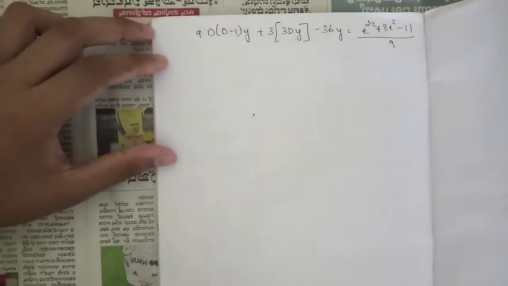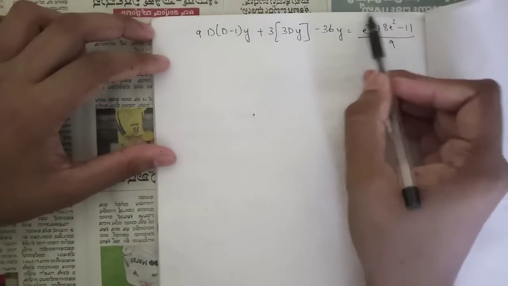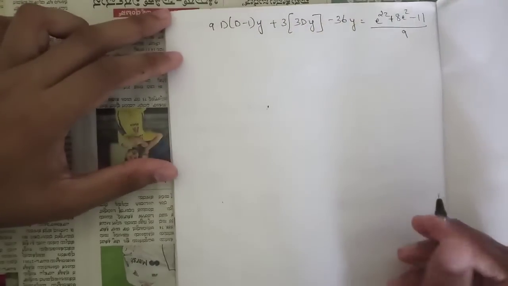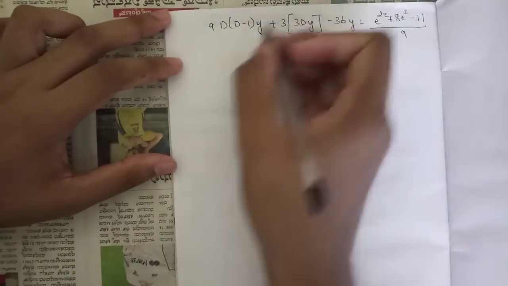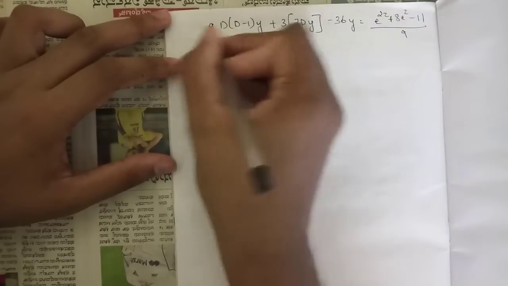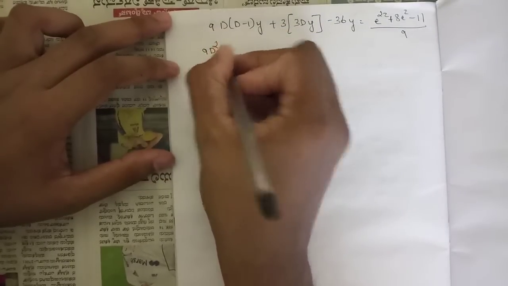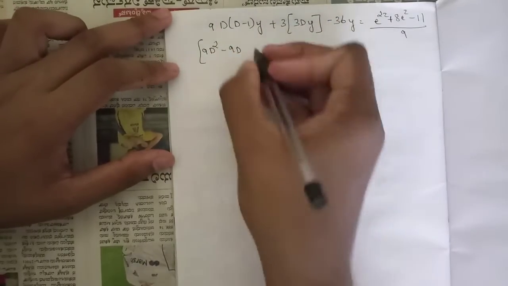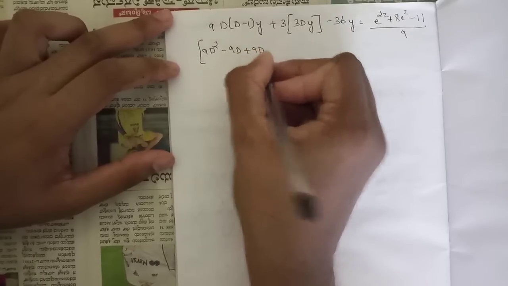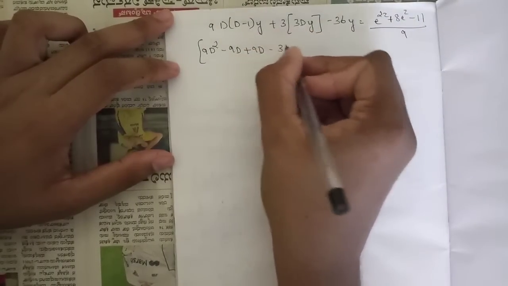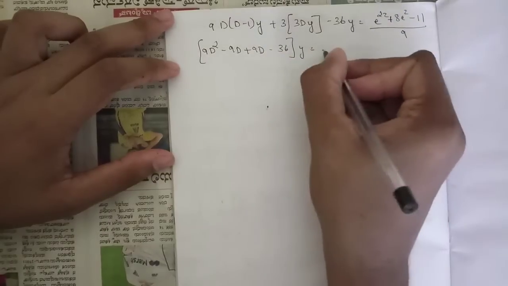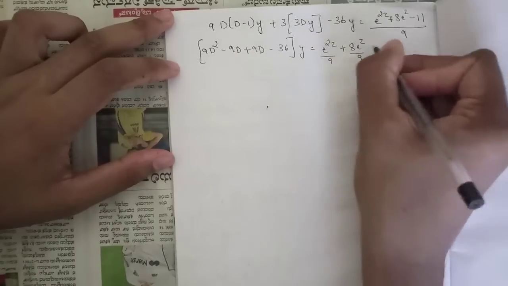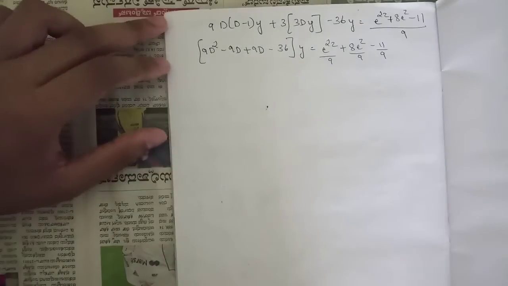Okay, so here again we have 3 terms, we have split it into 3 terms, so that we need to find yp1, yp2, yp3 again. So now let's solve for this term. Multiply 9D square minus 9D, 3 into 3D is again 9D, minus 36 into y is equal to e power 2z by 9 plus 8 e power z by 9 minus 11 by 9.